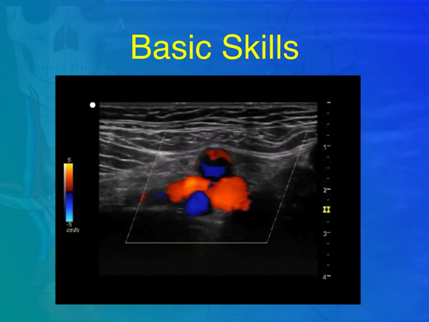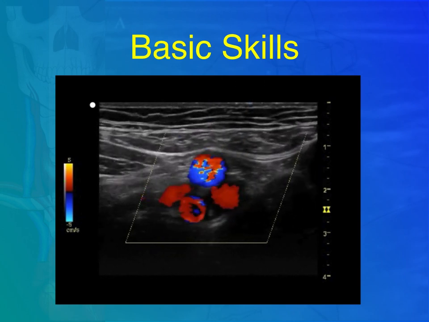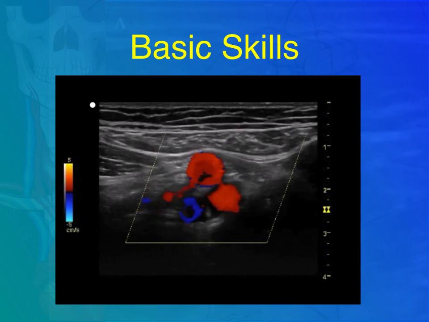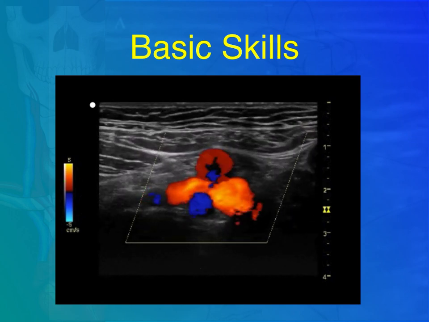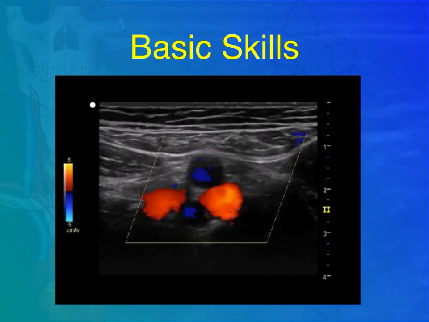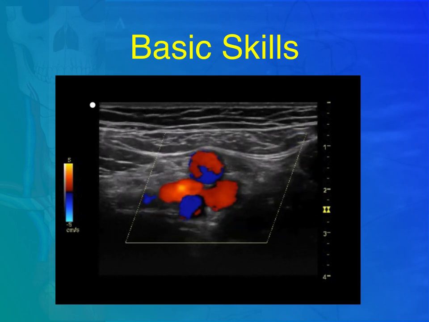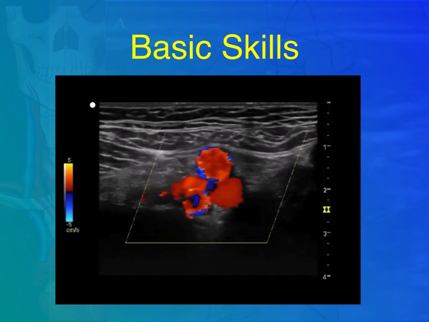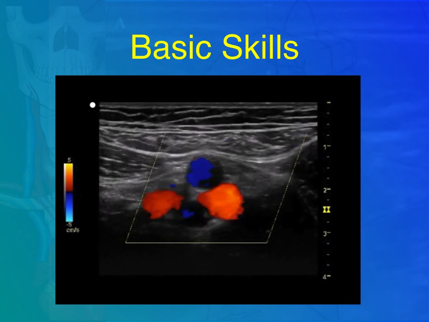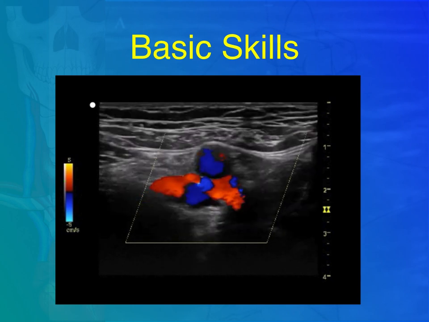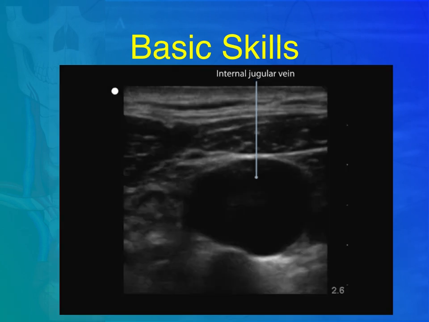Remember, the color will be red if the flow is going towards the probe, and blue if the flow is going away from the probe. So it really matters the position of the probe rather than whether it is arterial or venous.